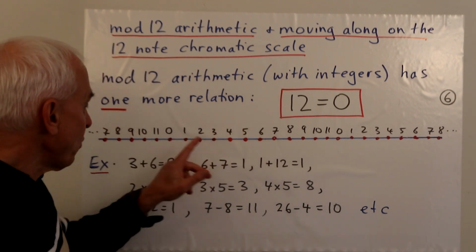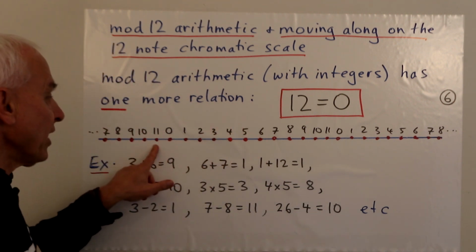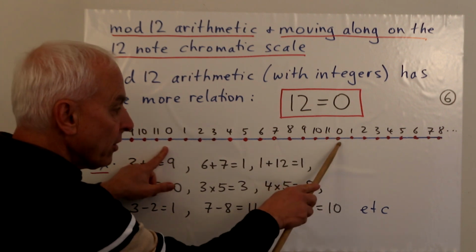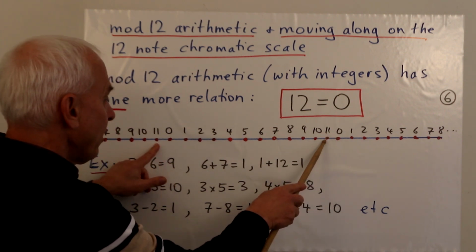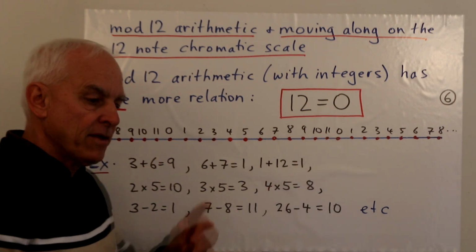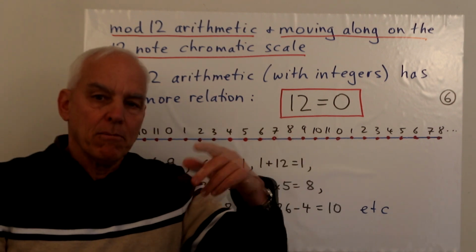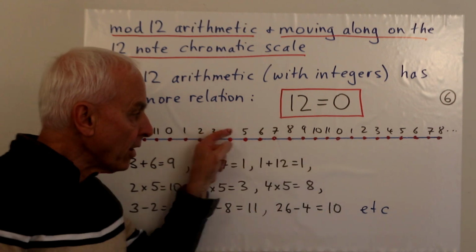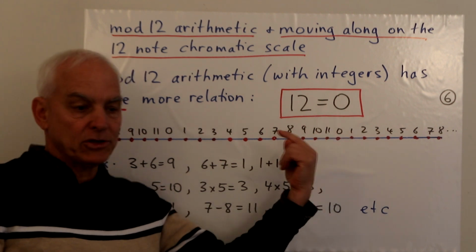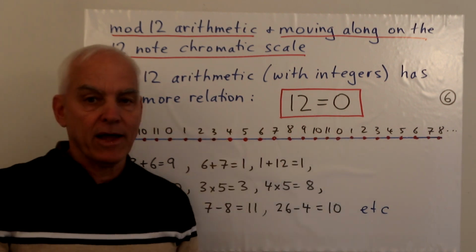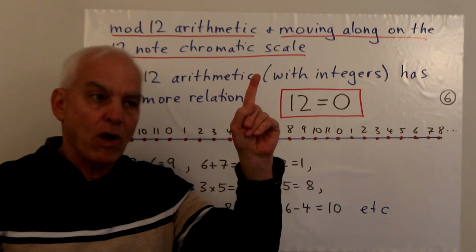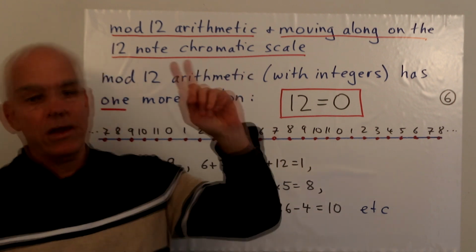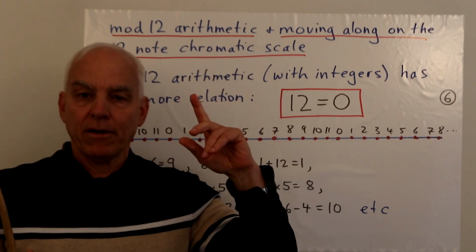If you choose one of these zeros and go 1 to the left, you get 11, just like over here. You go 1 left, you get 11; 1 more left, you get 10. This corresponds exactly to moving around the clock, either in a clockwise direction, going this way, or an anti-clockwise direction, going that way. If you're at 12 o'clock, which is 0, and you go back, you get to 11.